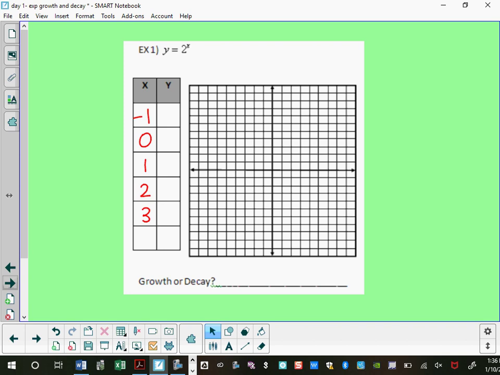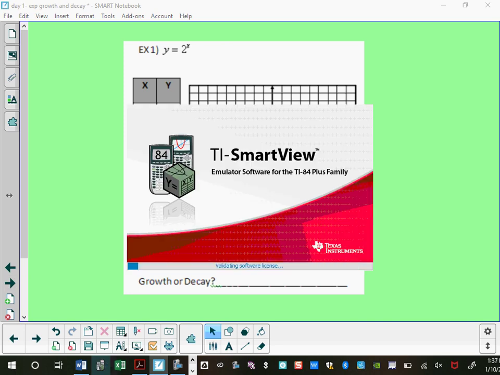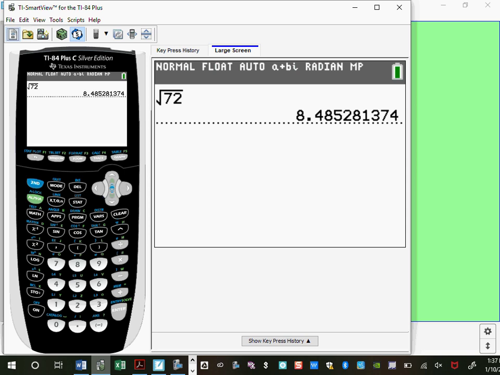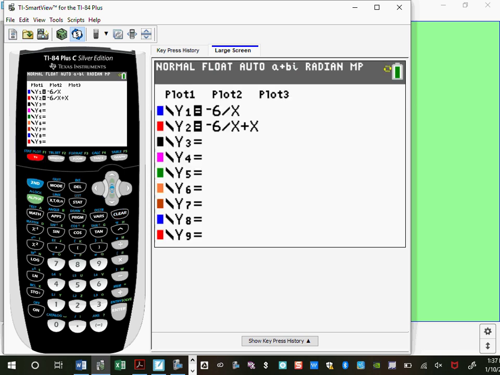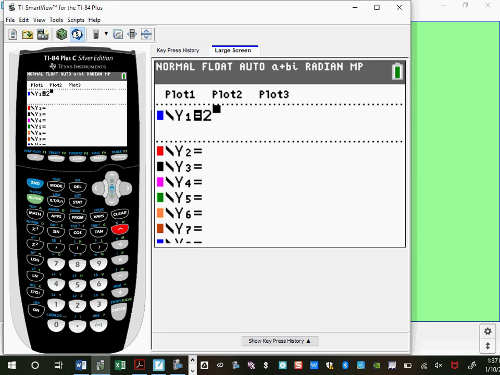If you have your TI calculator, I'll show you what you can do. You clear it out. You go to your y equals. Clear that out. You can type in exactly what your y equals is. It is 2 to the power of x. Okay?